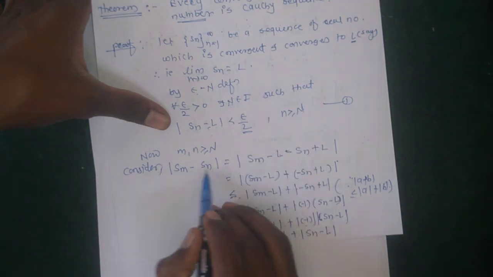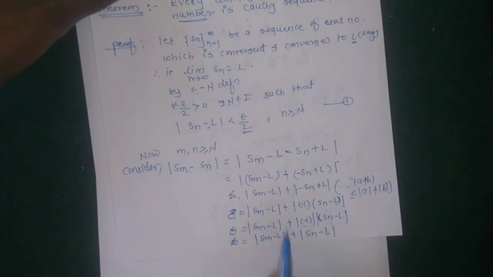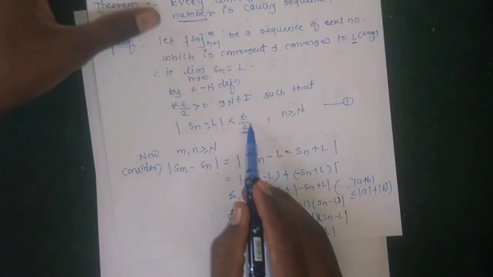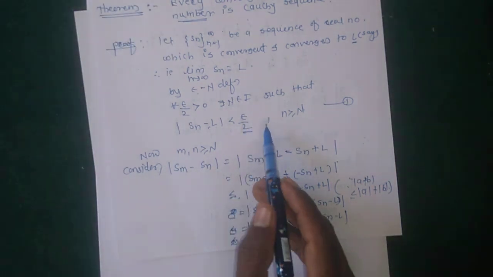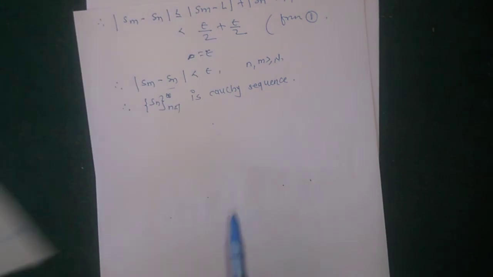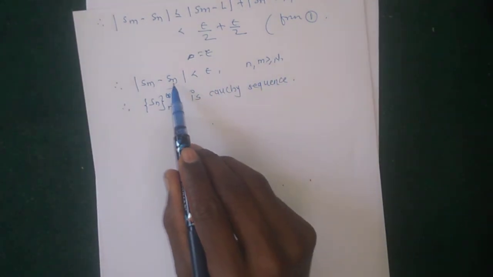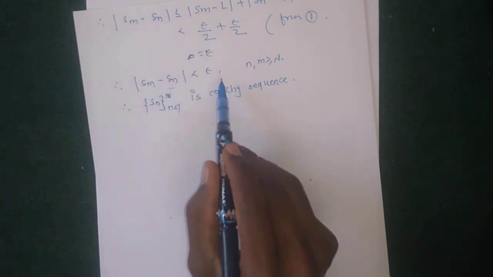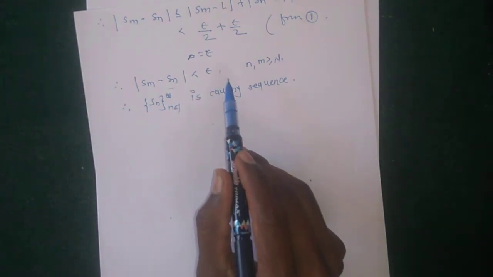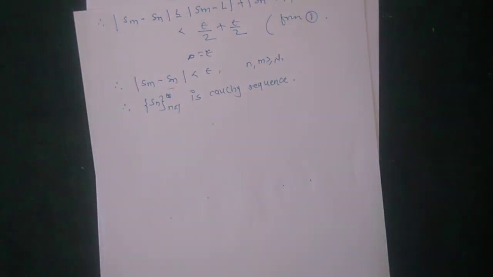Consider Sm minus Sn, then rearrange it and it is strictly less than epsilon upon 2 plus epsilon upon 2, and epsilon upon 2 plus epsilon upon 2 is equal to epsilon. Therefore mod Sm minus Sn is less than epsilon for all n greater than or equal to N, and therefore this sequence Sn satisfies the condition of a Cauchy sequence, and therefore the given sequence Sn is a Cauchy sequence.